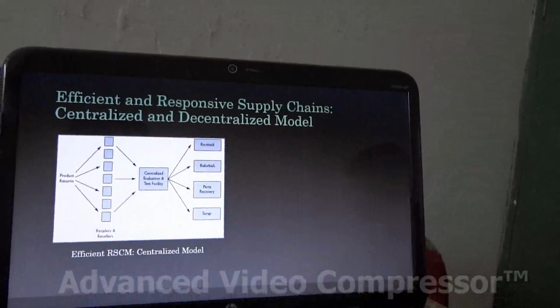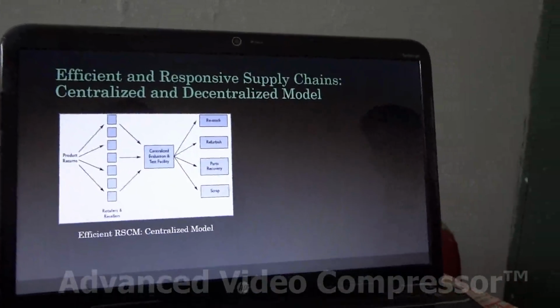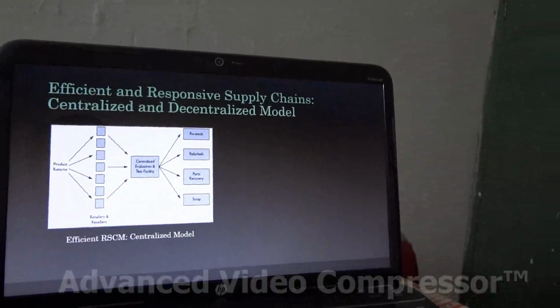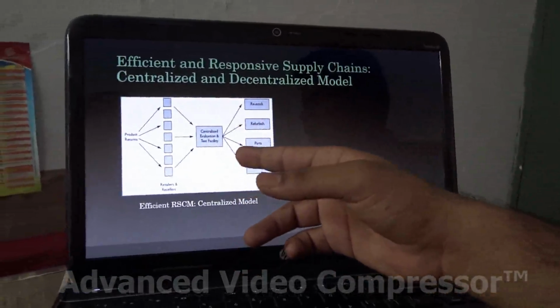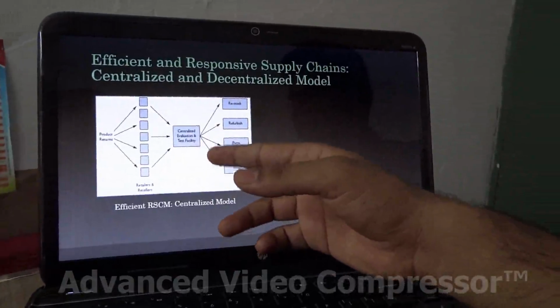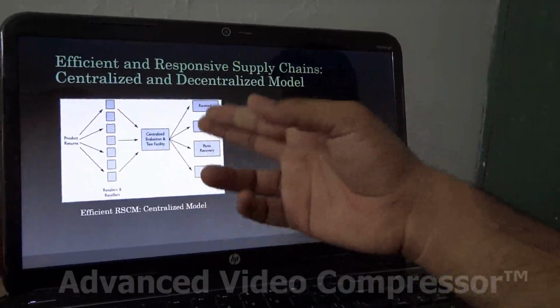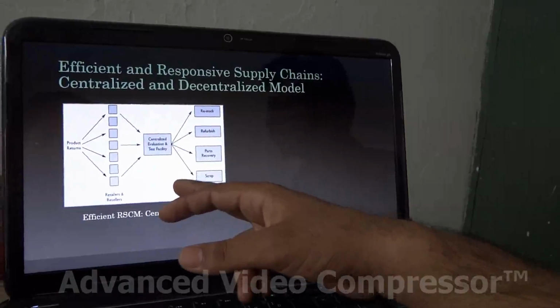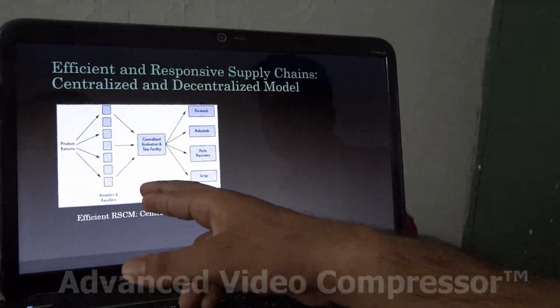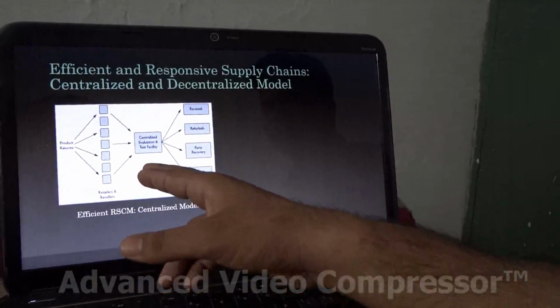In the centralized model, we sacrifice speed for cost efficiency, which means that in this process we are not focusing on the speed at which we will be delivering the products. Rather, we are focusing on minimizing the cost of the product. So what is done in the centralized evaluation test facility?